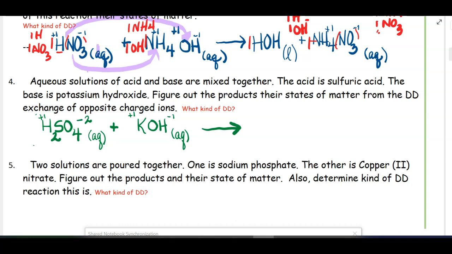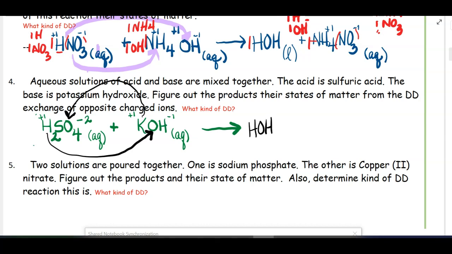Who would it be with the exchange of dancing partners? Where the positive guy in one is now dancing with the negative in the other, and the positive in this guy is dancing with the negative of the other. So hydrogen is dancing with hydroxide.